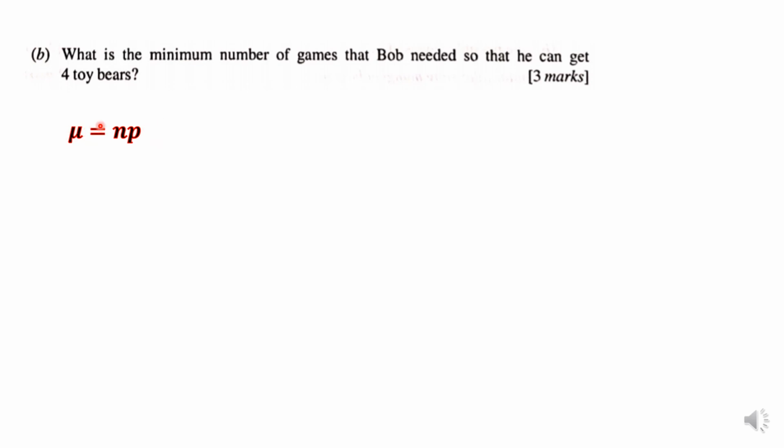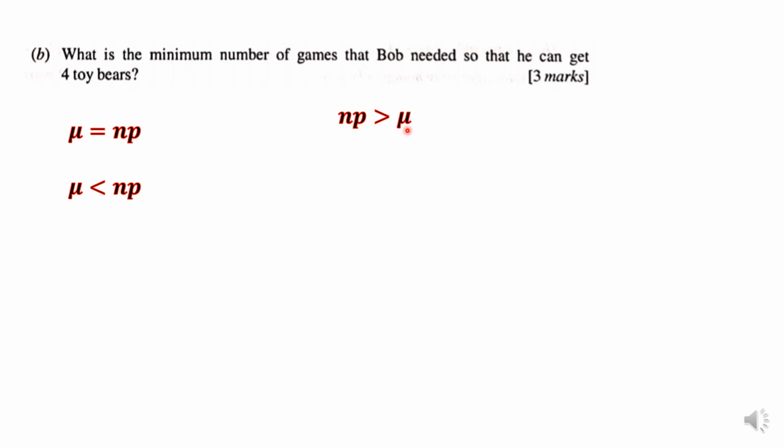But now asking for minimum, how are we going to place the inequality here? So it should be mu should be less than np, right? Then I rearrange the position of np. Mu is less than np means that np is greater than mu.